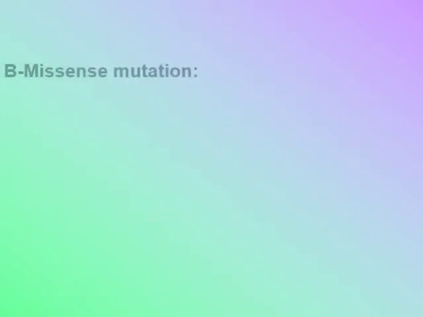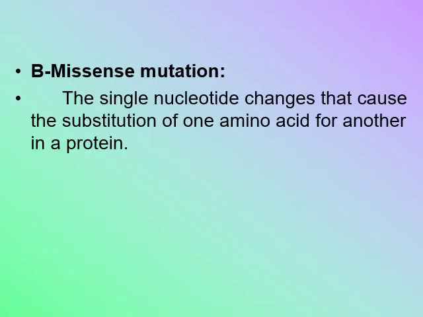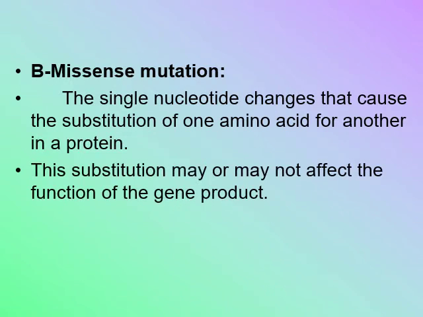The other type is called missense mutation, in which a single nucleotide change causes the substitution of one amino acid for another in a protein. This substitution may or may not affect the function of the gene product.